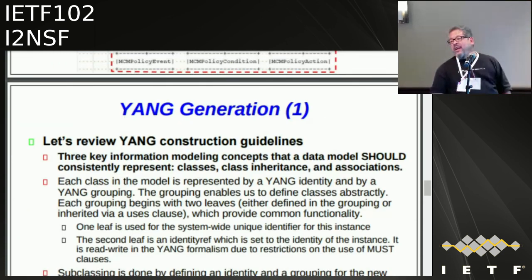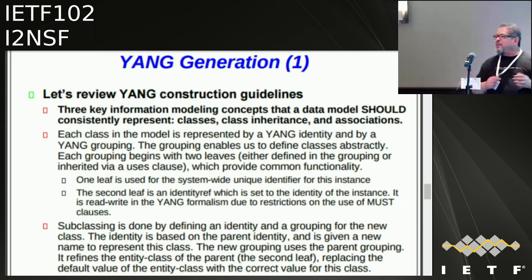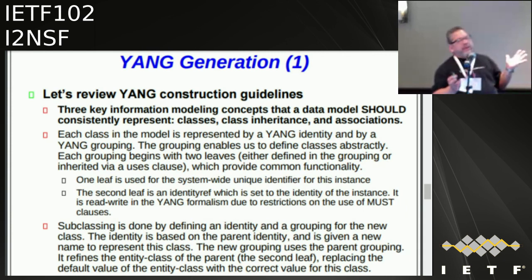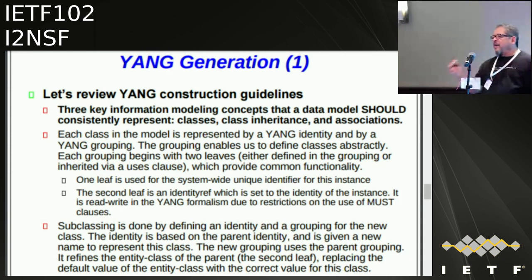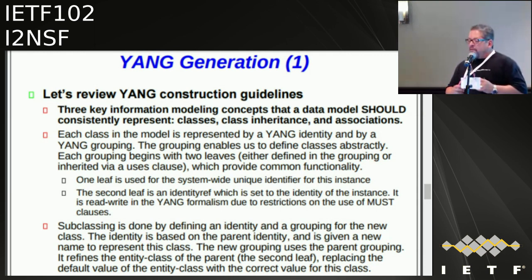Okay, so now the Yang. For me, as an object-oriented guy, there are three important things that an object-oriented model must provide. One is the concept of class. Two is the concept of inheritance, or subclassing, if you will. And three are relationships. Now, Yang cannot really differentiate between an association, an aggregation, and a composition.